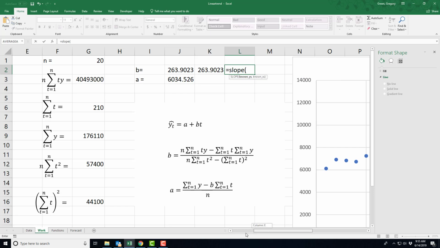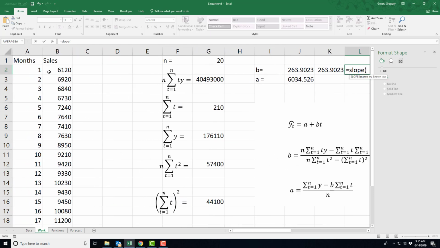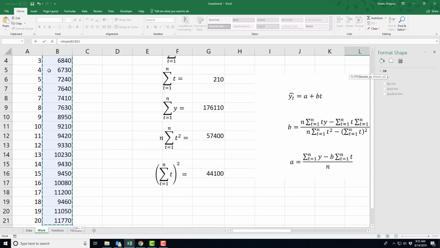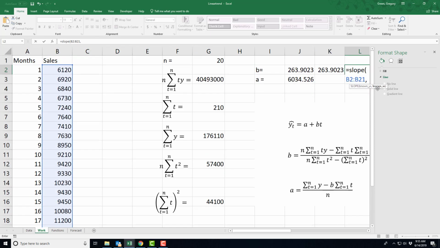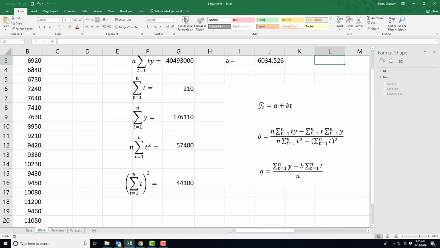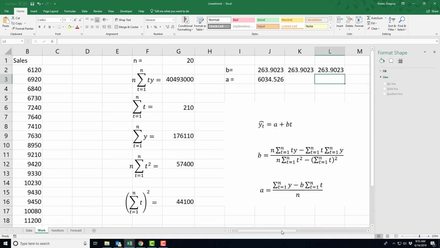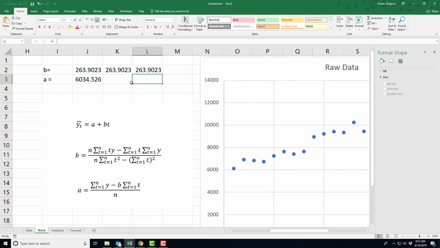It says if I have known y's, that would be my sales. And then the next thing I need are the known x's, that would be my months, and I can calculate the slope that way.